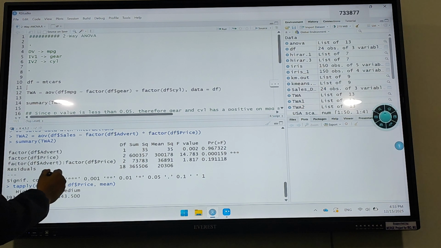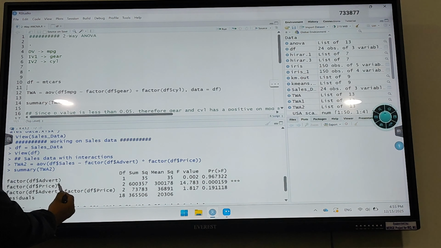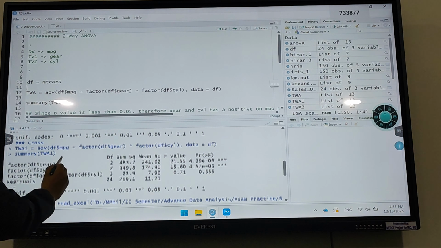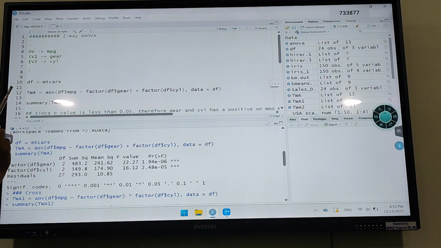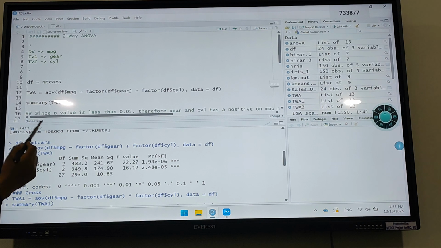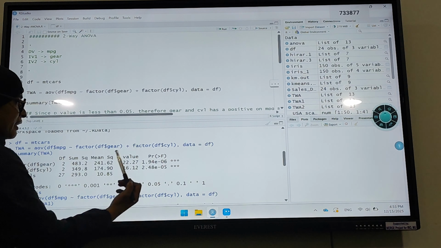Now let's see what the summary table says. Here, aov of DF dollar MPG tilde factor DF dollar gear plus factor DF dollar cycle, data equals DF. Here we can see that gear and cycle have a significant value.